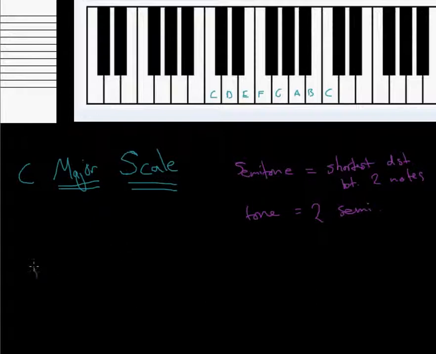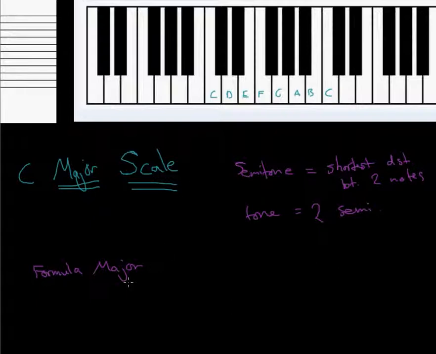Now, the formula for the major scale. Now you might say, well, hang on, we've got our major scale, C major. Why do we need a formula? Well, you can also have D major scale, E major scale, E flat major scale, D flat major scale, C sharp major scale, F, or you can have a major scale starting on different notes.